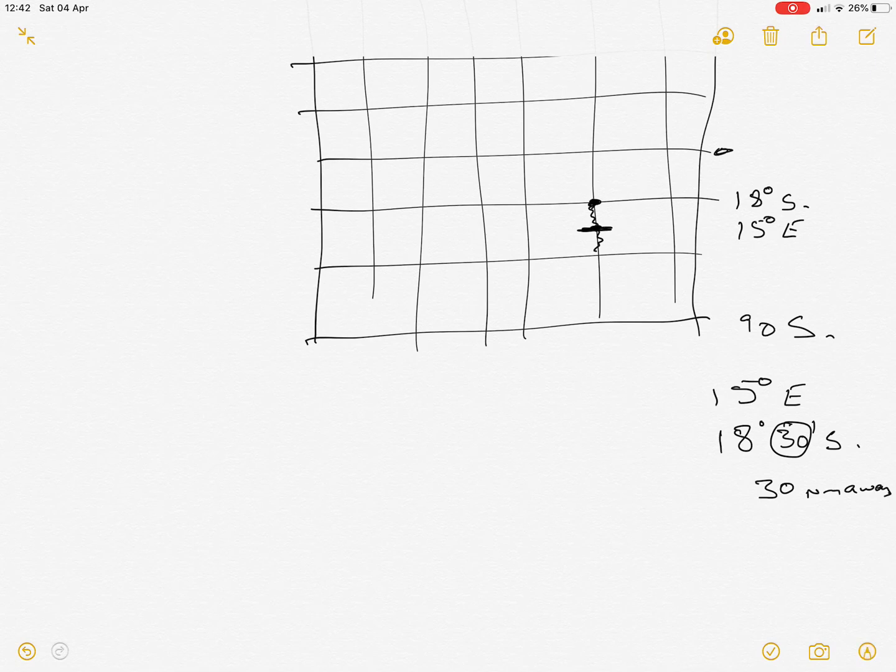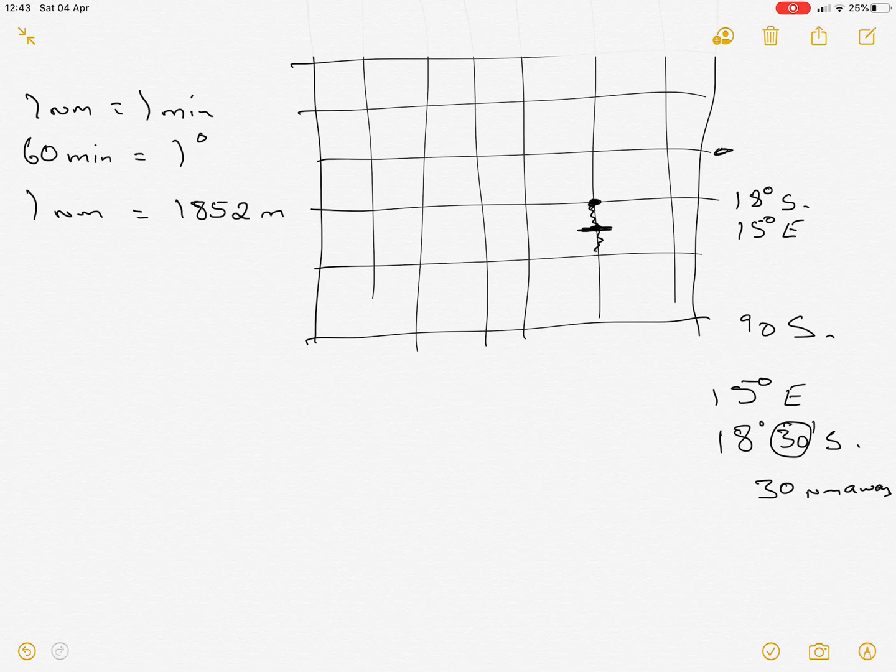Okay, let me explain that in a bit more detail. 1 nautical mile equals 1 minute. 60 minutes is equal to 1 degree. 1 nautical mile is equal to 1,852 meters.